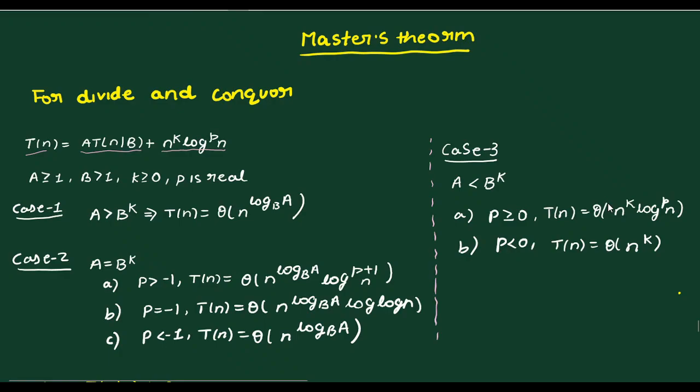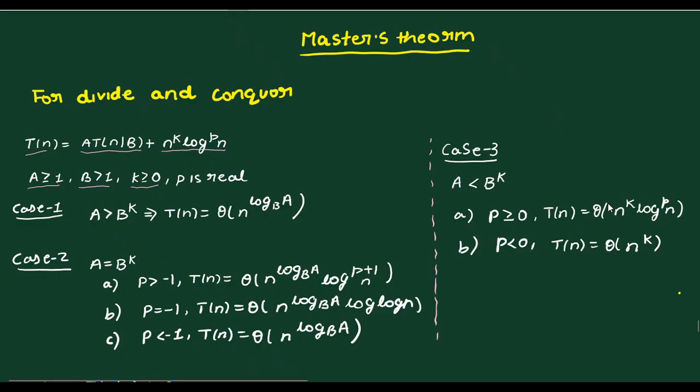Following these constraints, please see these constraints carefully. These are very important. a should be greater than or equal to 0. b should be strictly greater than 1. That is, the problem size must decrease. k should be greater than or equal to 0 and p must be any real number.